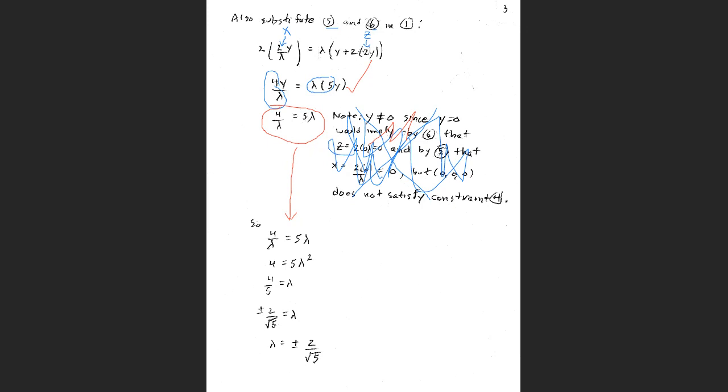That means we'll multiply this equation through by lambda. 4 equals 5 lambda squared. Hold on, this should be lambda squared here, right? So lambda equals plus or minus 2 over root 5.